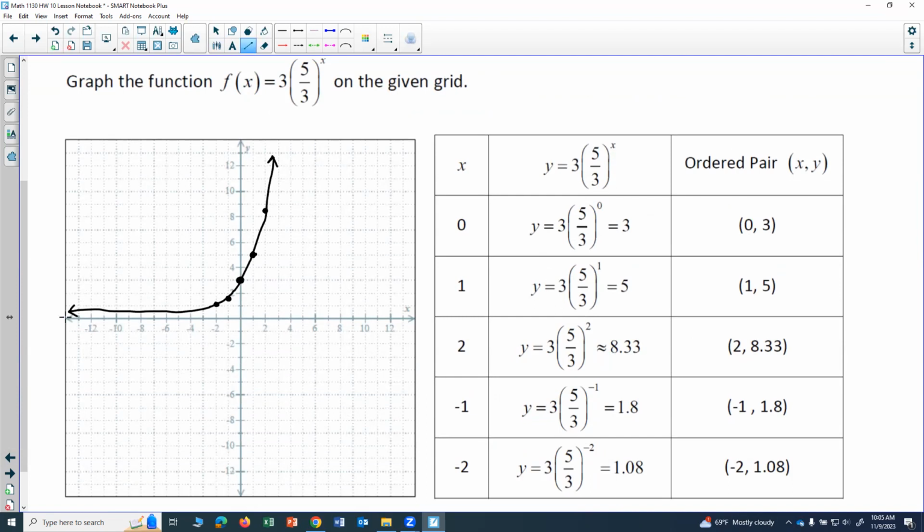If we wanted to graph our horizontal asymptote, we would select the dotted line tool and draw in a horizontal line. So we have a horizontal asymptote at y equals 0. We had our 5 x values. We plugged them in for the exponent, and we got the corresponding y values, plotted the 5 ordered pairs, and then connected. So that's how you graph an exponential function.